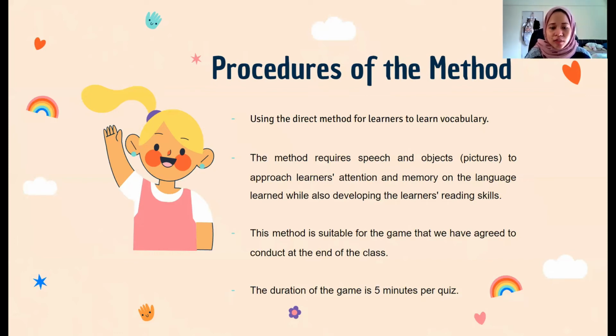Alright, so this method is suitable for the game that we have agreed on, because we have decided the game will be conducted at the end of the class. It is a very simple and direct kind of game for the children to learn vocabulary. We have also decided that the duration of the game is 5 minutes total per quiz.